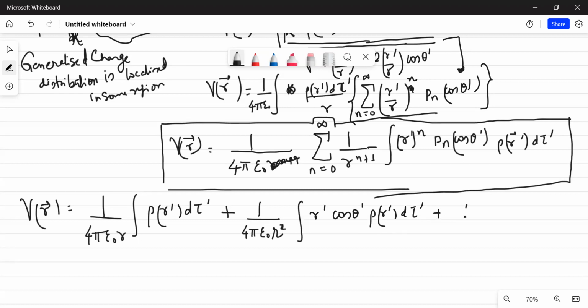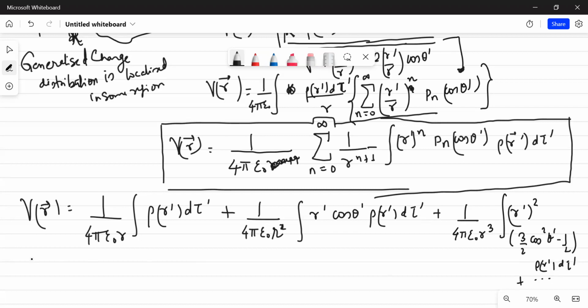Then again, there would be a term 1 upon 4 pi epsilon naught r cube, and then there would be integration r dash ka whole square, 3 upon 2 cos square theta dash minus 1 upon 2, and there would be rho r dash. All these things will come up.